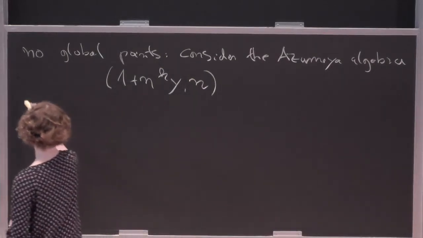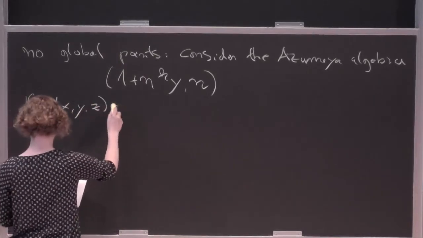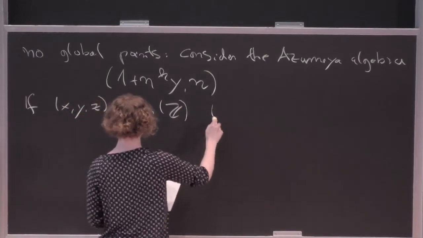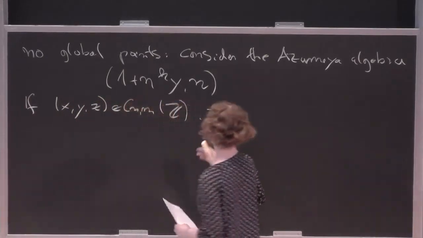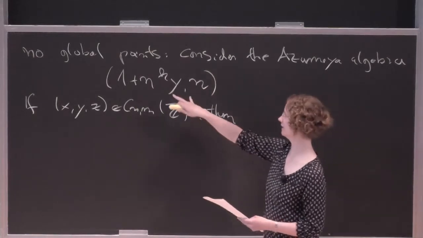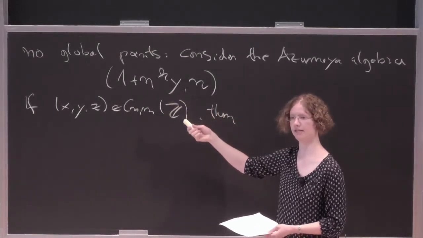The observation is that if you had a point x, y, z with integer coordinates, then you could stick this point into the symbol. You could view that as a Hilbert symbol for every prime p and the infinite place.